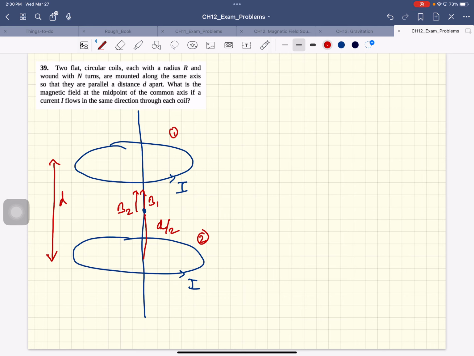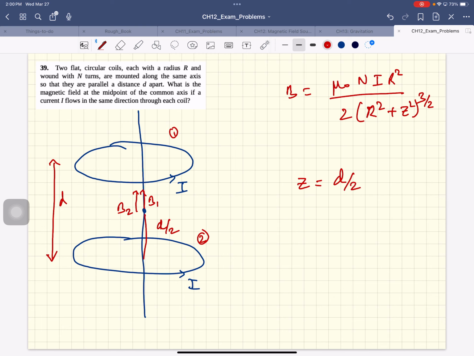So what you do is, in each of these expressions, mu naught N I R squared divided by 2 times (R squared plus Z squared) to the power 3/2, you just put Z equal to D by 2.